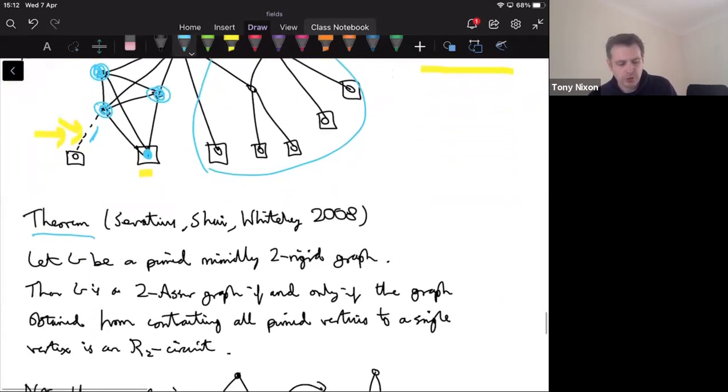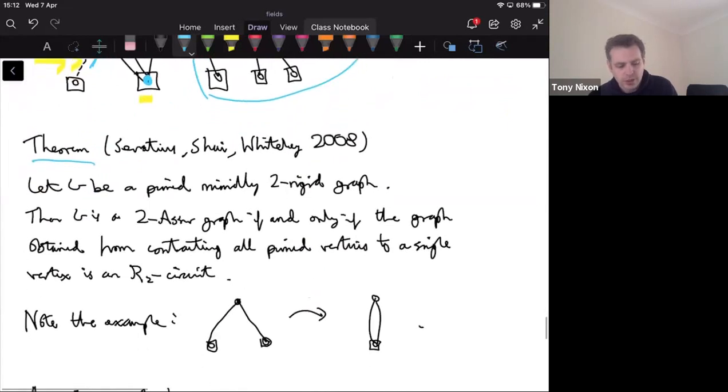The other theorem I wanted to mention about SU graphs is this one from Brigitte Servatius, Ofishai, and Walter Whiteley. The point here is to make a nice link back to circuits in the 2-dimensional rigidity matroid. So this is all about 2 dimensions.